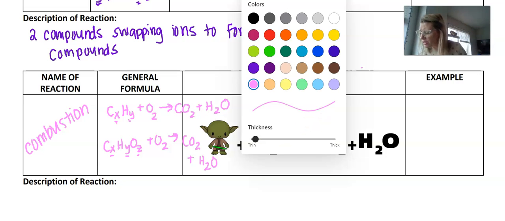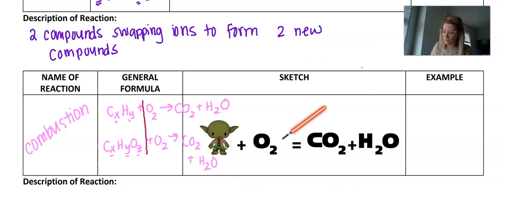Now, something that I want to just take a moment to point out here, both of these, in order for it to be considered combustion, have to have oxygen as a reactant.